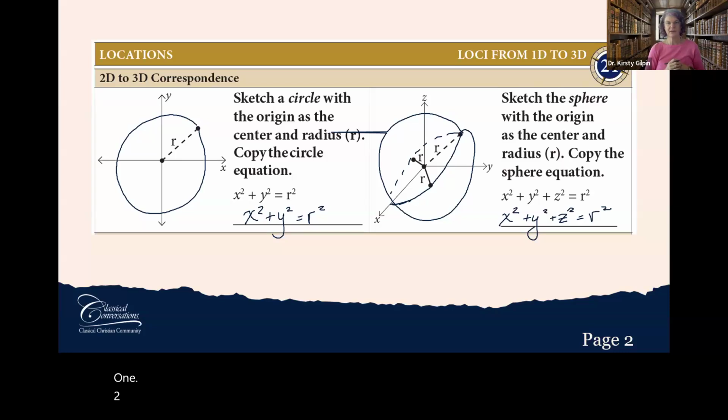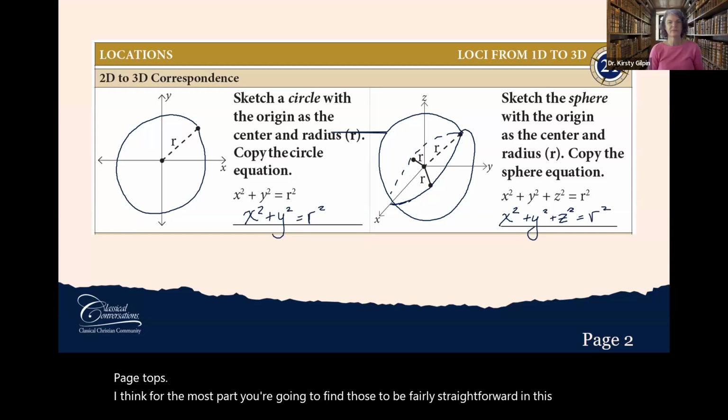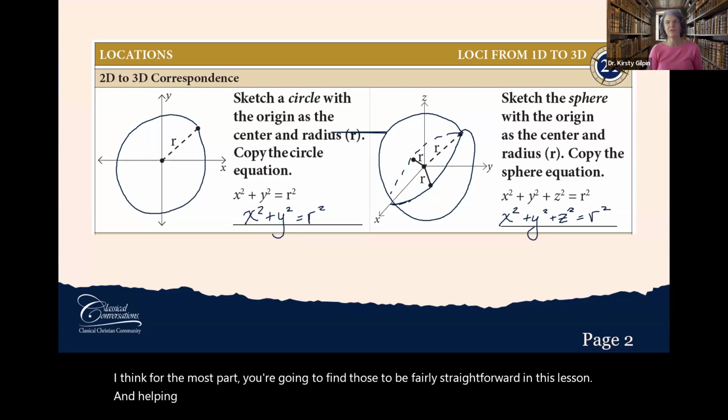So 3D, 3 variables. Any questions on either of those page tops? I think for the most part, you're going to find those fairly straightforward in this lesson, helping to build familiarity over time with what those loci are.